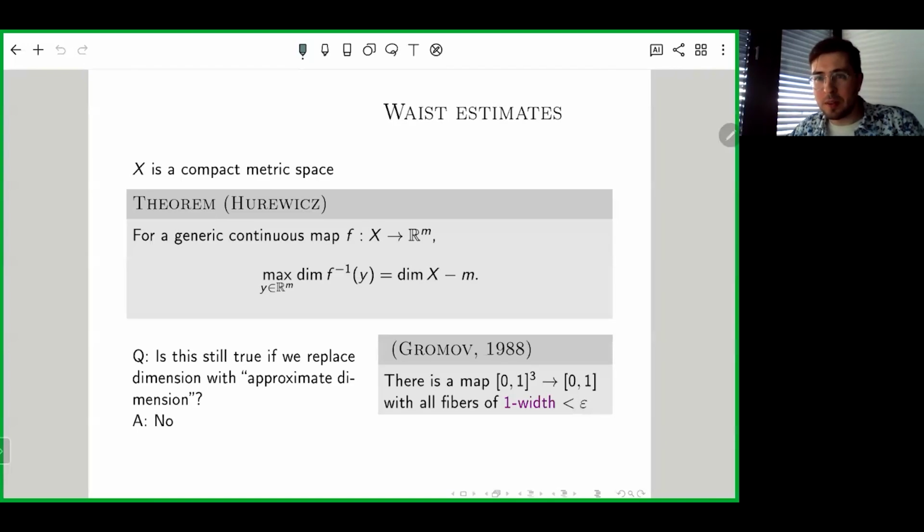So from the very beginning, the answer is no. And the example, a very nice example, which could be called the mother of examples, because most counterexamples in this field come from this one, appeared in a paper of Gromov.